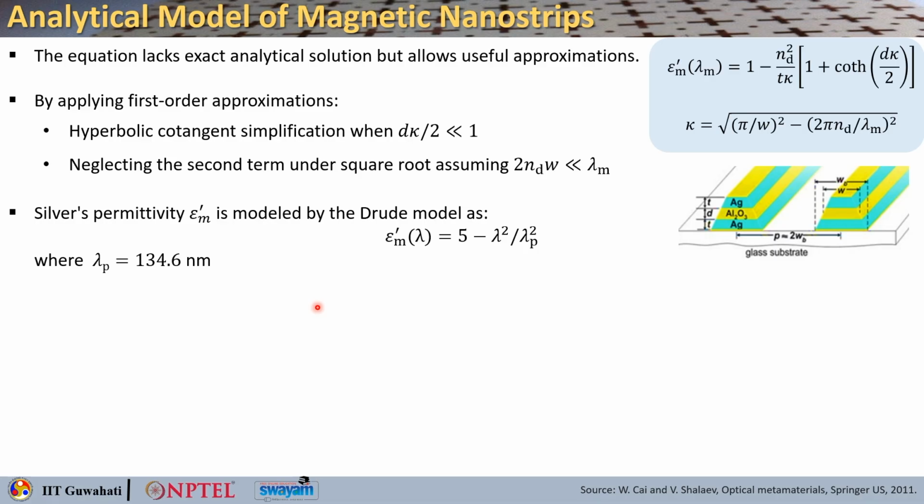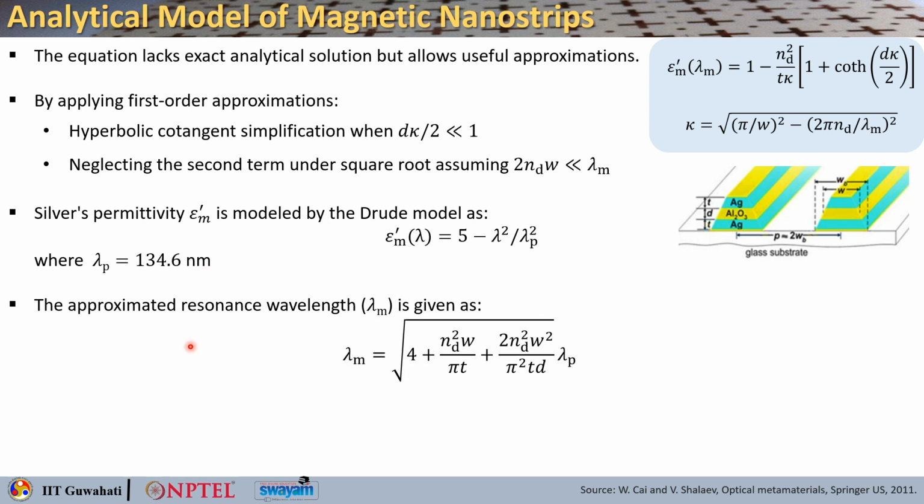So, if you do this approximation, the permittivity of silver, that is epsilon m prime, can be modeled by the Drude model only, and you can write epsilon m prime as a function of lambda as 5 minus lambda square by lambda p square, while lambda p is 134.6 nanometer, that is basically the plasma wavelength of the silver.